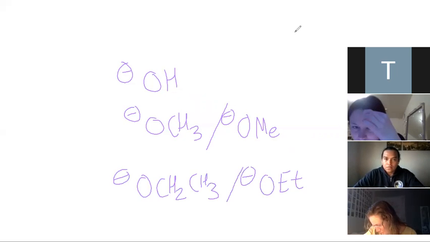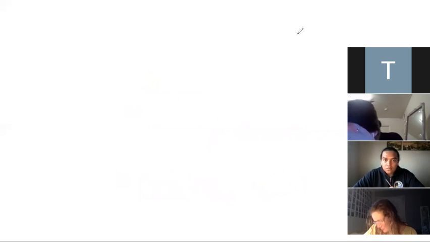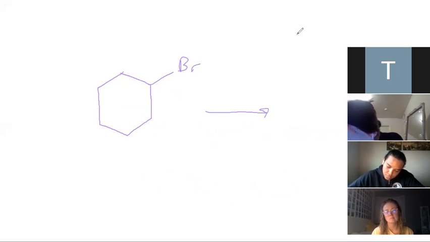So how do you tell if you have something like hydroxide, methoxide? So say you have a common substrate, like here, I'm going to draw this as an example. So if you have something like this, and I use, say, sodium hydroxide, do you guys have a prediction as to which way this reaction is going to go?